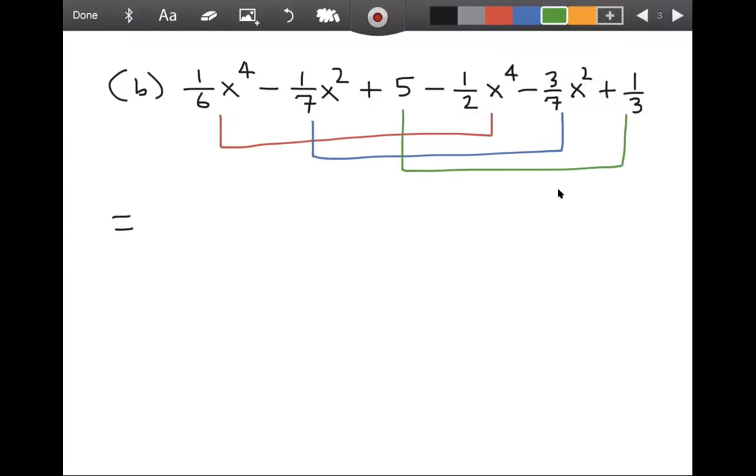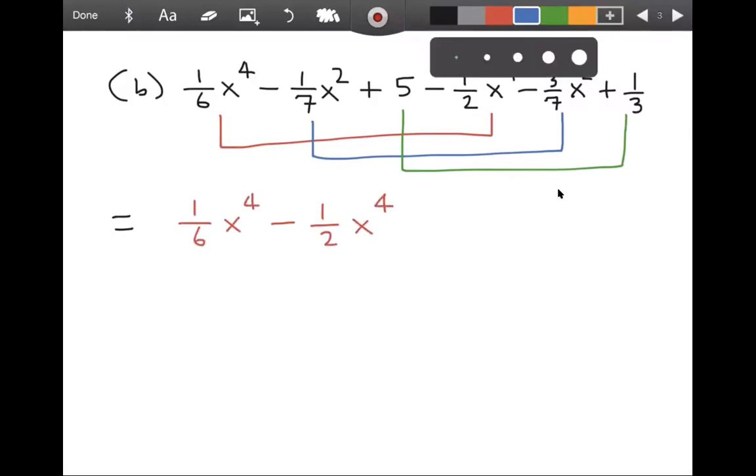Okay, so I guess I should go ahead and just write those next to each other. 1/6 x to the fourth minus 1/2 x to the fourth. You know what? I'm going to do it like this. And then on the next line, minus 1/7 x squared minus 3/7 x squared.